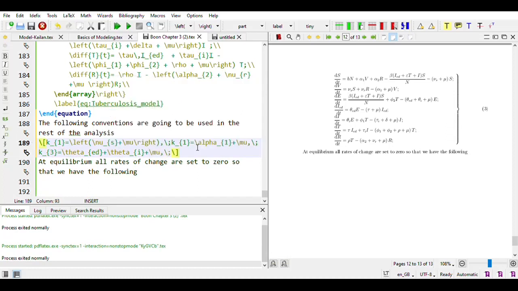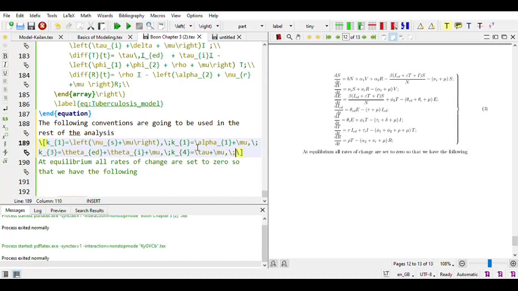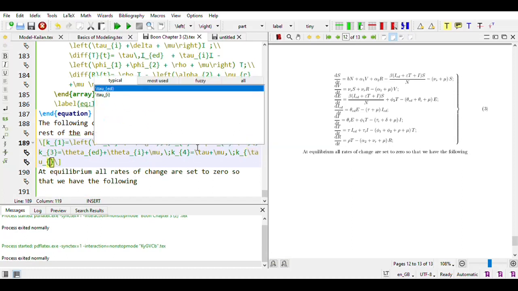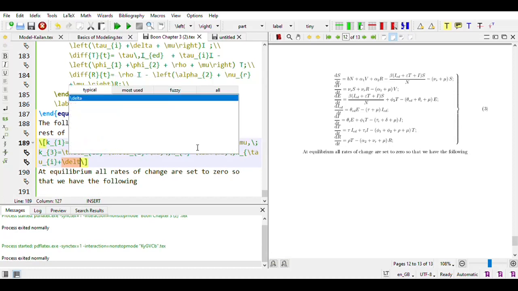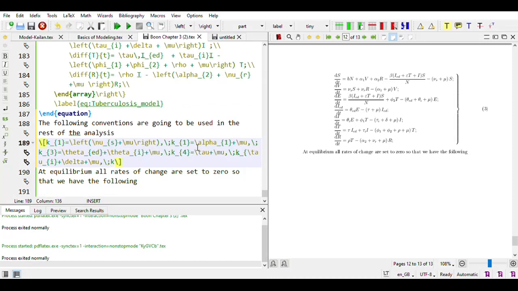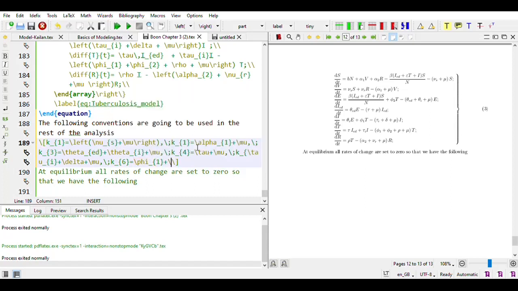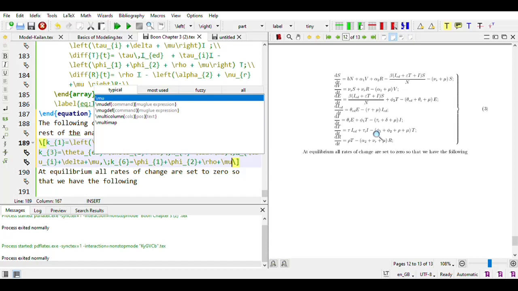The k4 is going to be tau plus mu, then k5 is going to be tau_I plus delta plus mu, then k6 is going to be equal to phi1 plus phi2 plus rho plus mu, and that is this expression there.